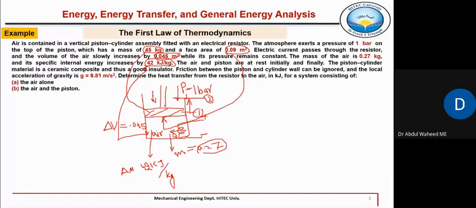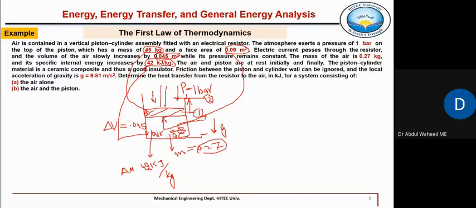Friction between the piston and cylinder walls can be ignored, and the local acceleration of gravity g, because air is doing work against this force of gravity, is 9.81 meter per second square.